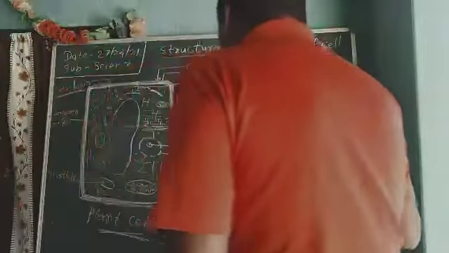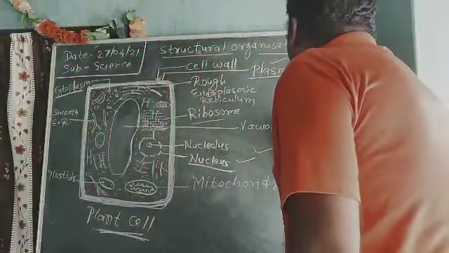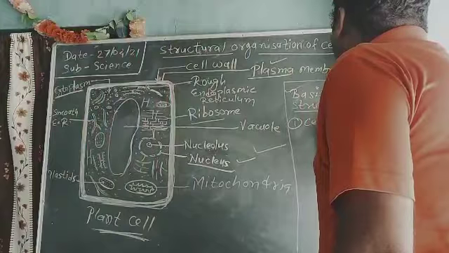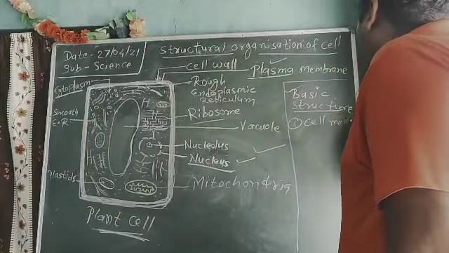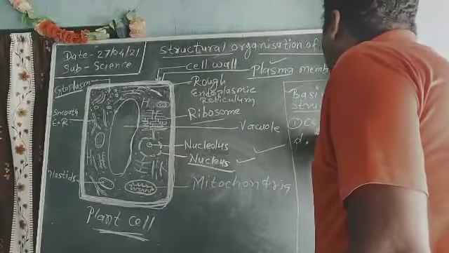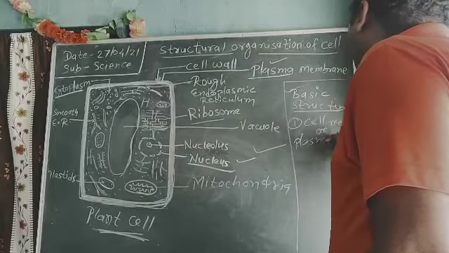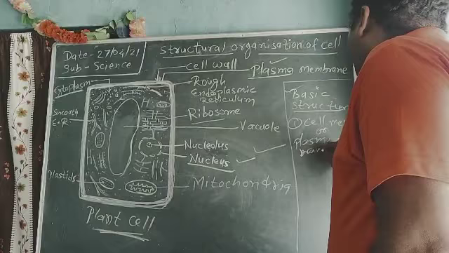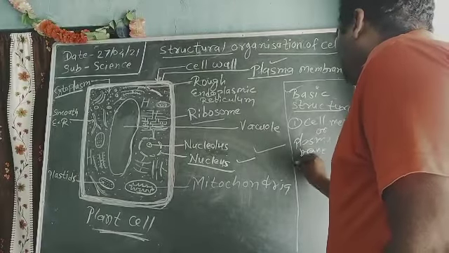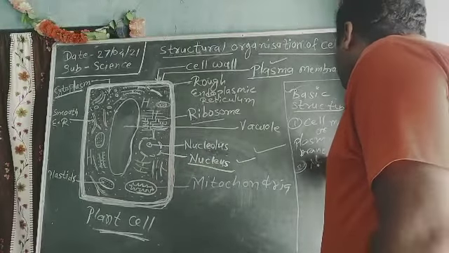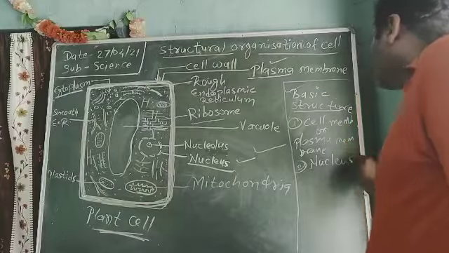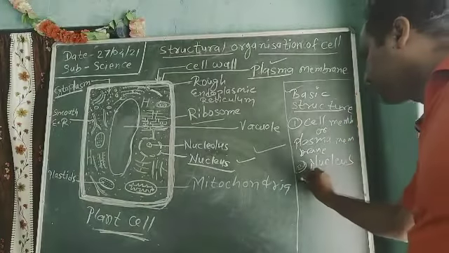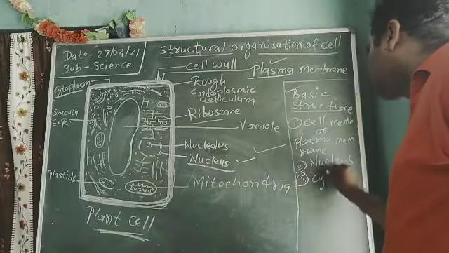So the basic structure of any cell, students: cell membrane or plasma membrane, second is the nucleus, and third is the cytoplasm.